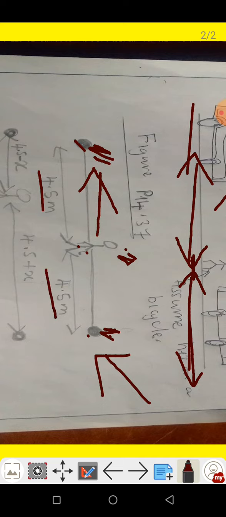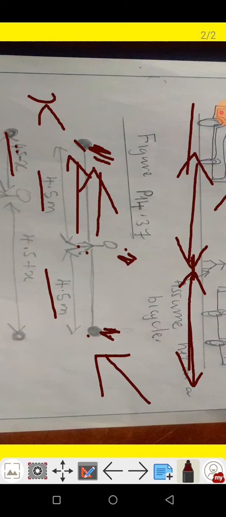So when this person moves backwards, this distance will be 4.5 subtracted by the distance she has moved, which we don't know. We'll say that distance, which we don't know, is x. So it will be 4.5 minus x. This is where the 4.5 minus x is coming from.